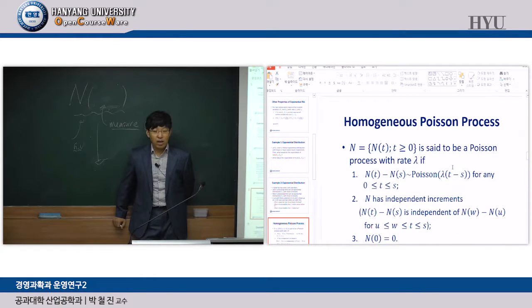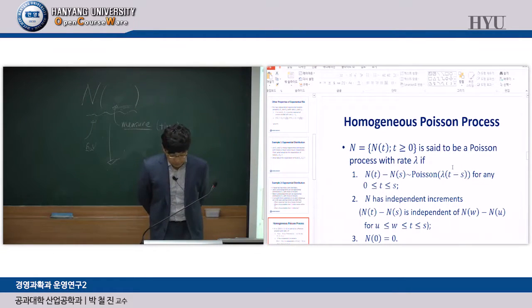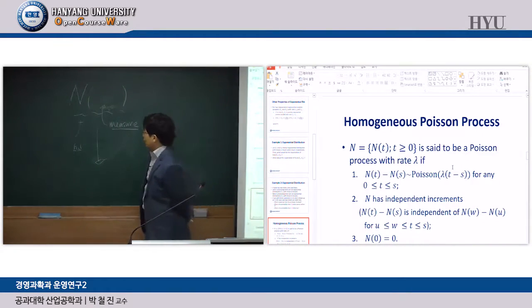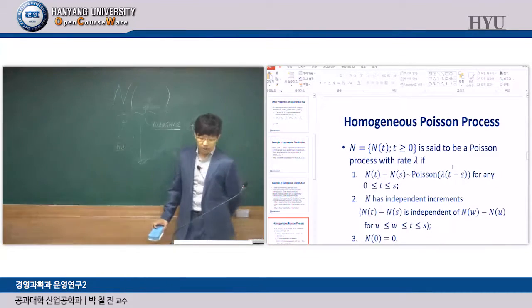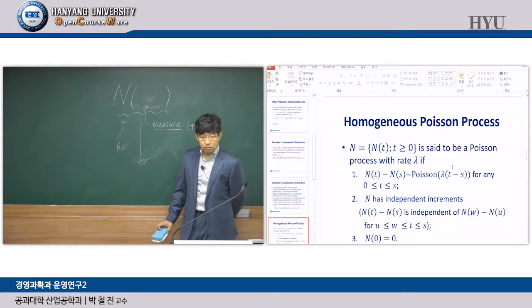We have a basic assumption: all the events occur with the same probability, and these events are independent. So N of t represents the number of events that occur from 0 to t. And we have three rules. As long as this large N satisfies these three rules, then we call this a Poisson process.